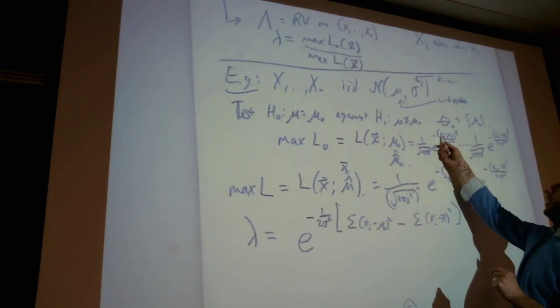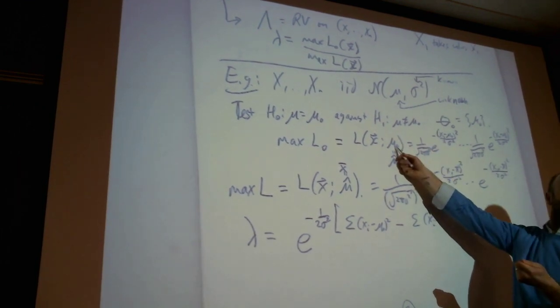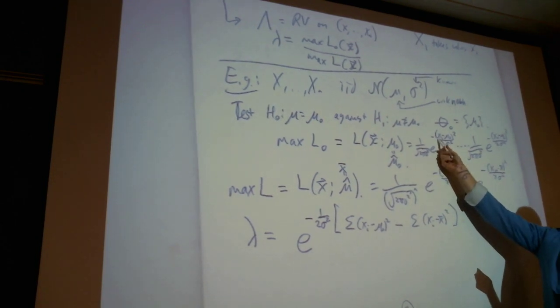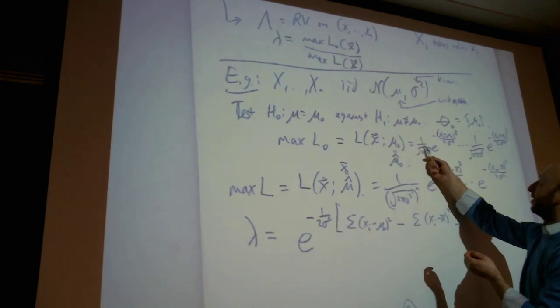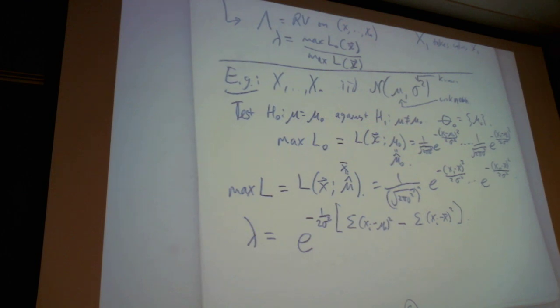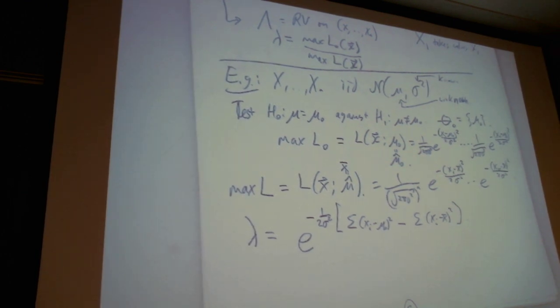We observed x1. What was the likelihood of observing x1 assuming the parameter was mu0? This is the density function near x1. Same thing with x2 and so on. They're independent, and so the likelihood function is the product of these observations. Did I answer your question? Yeah. Okay. Other questions? Does this make sense?